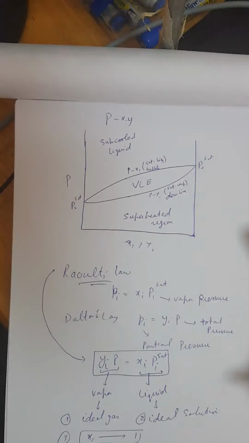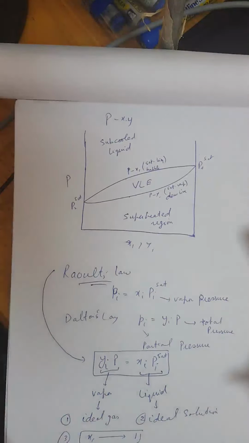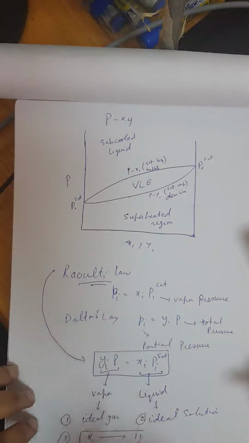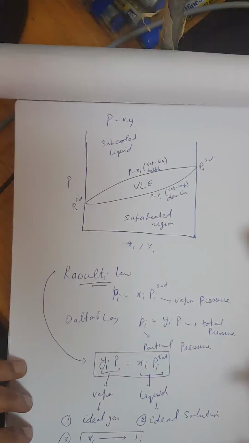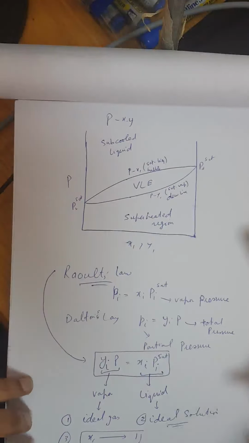It means this law is good for concentrated solution when your concentration of x1 is very high. Maybe you are familiar already from high school. You have already studied that if the concentration is low, a dilute solution, we have another law that is called Henry's law.